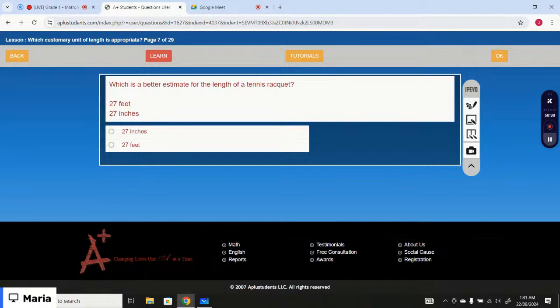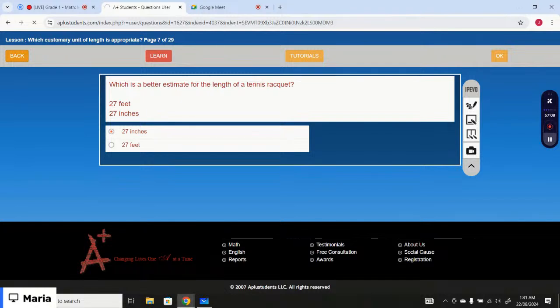Which is the correct option? The correct option is 27 inches, because 27 feet is too much for a tennis racket, right? Okay, you can complete the lesson by yourself later today.